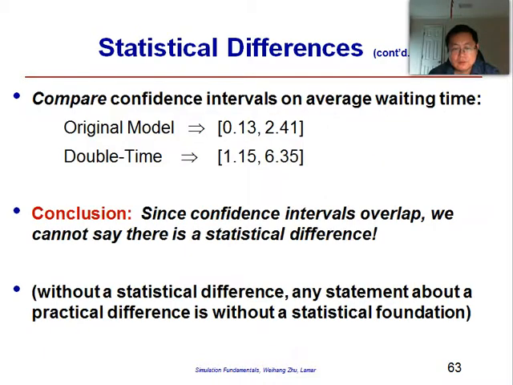We need to run a t-test to find out whether the two results are statistically different. Alternatively, we can compare the confidence intervals, and if they overlap, based on this analysis, we cannot say there is a statistical difference. In the next slide, we will try a different way to test the statistical difference.